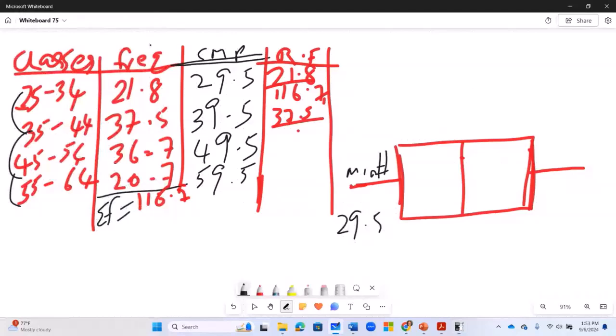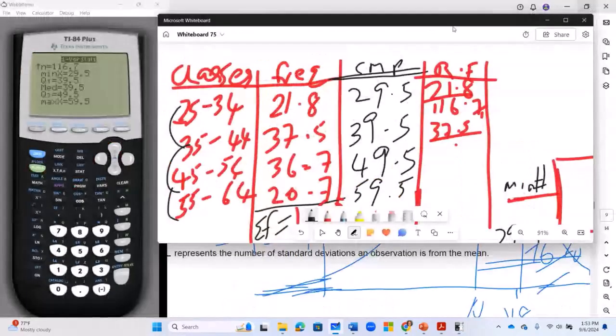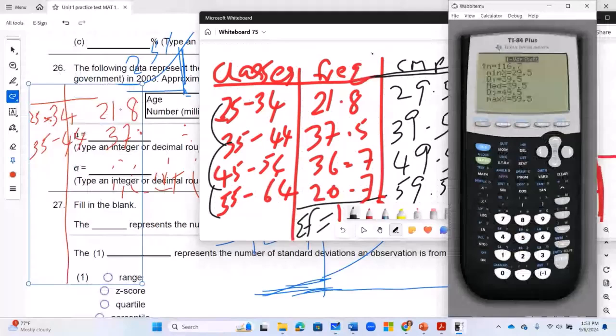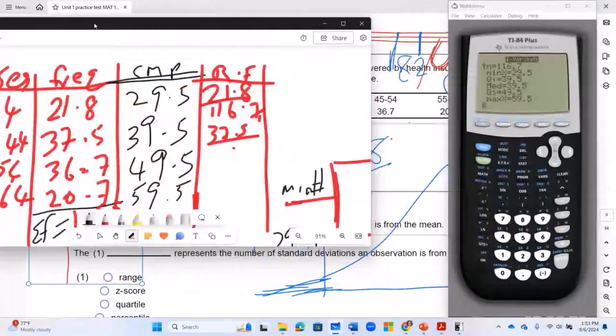I can minimize this so that my calculator will not be running away. I'll be running away. All right. Can come this way. This one comes this way. And see, still be running away.